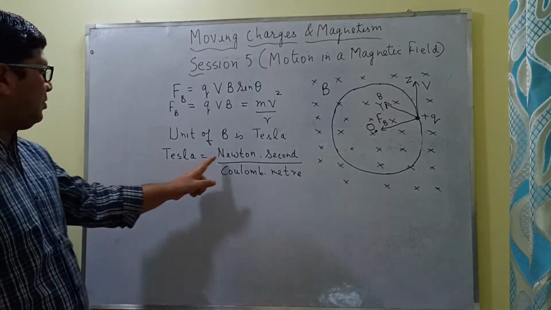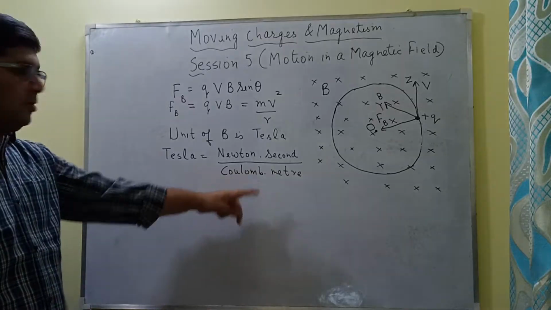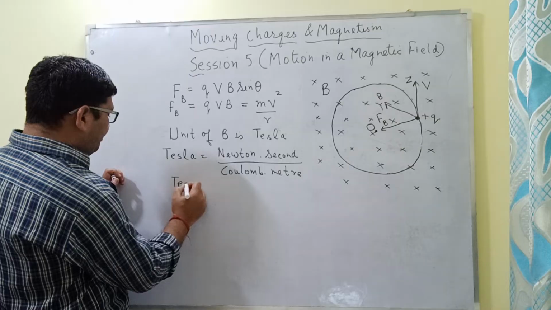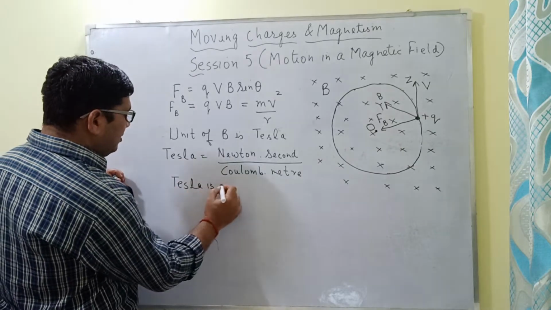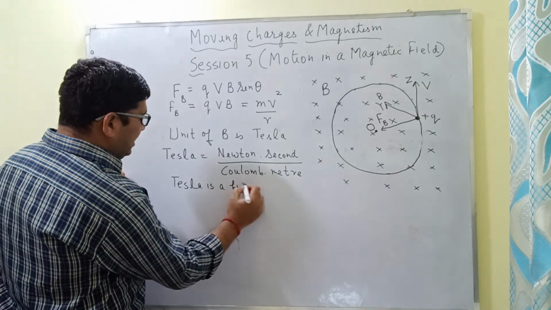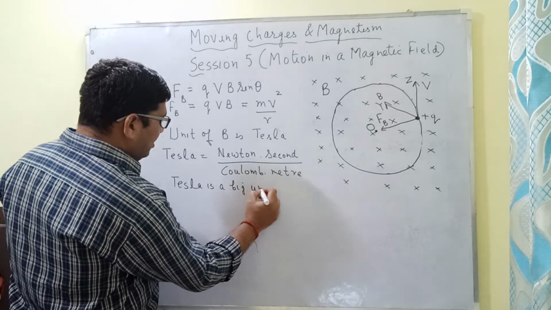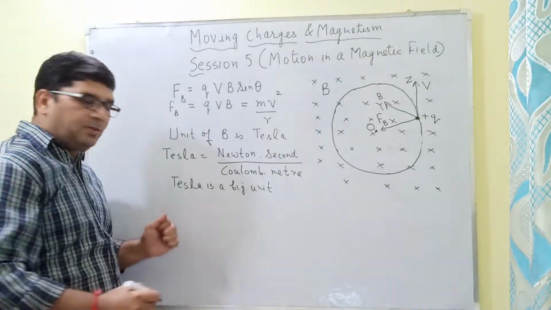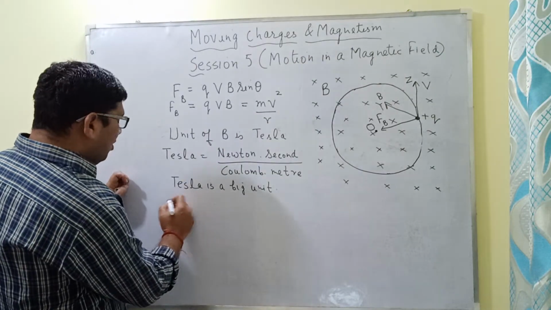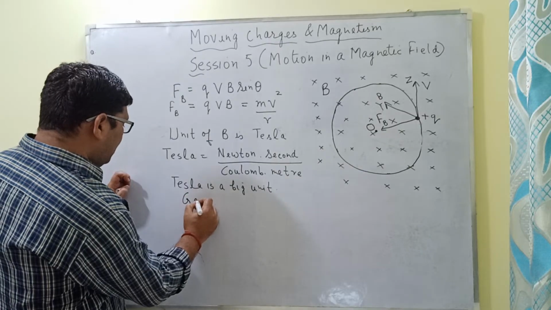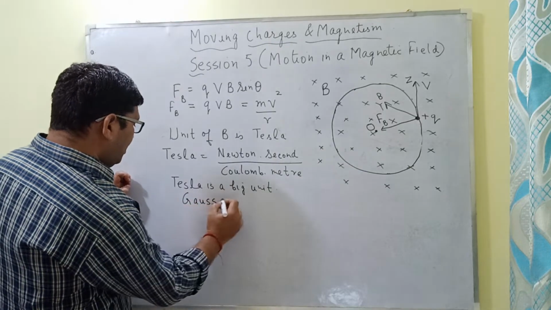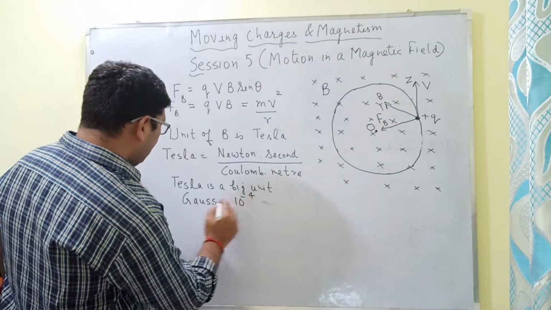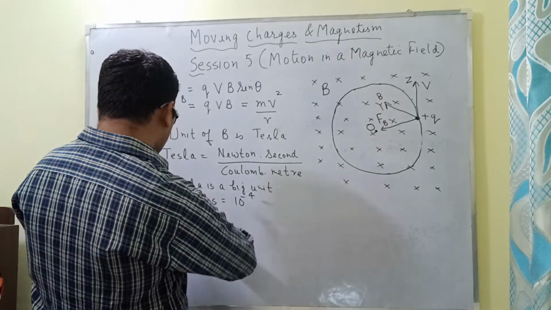Tesla is a very big unit, so we normally use a smaller unit called Gauss. 1 Gauss is equal to 10 to the power minus 4 Tesla.